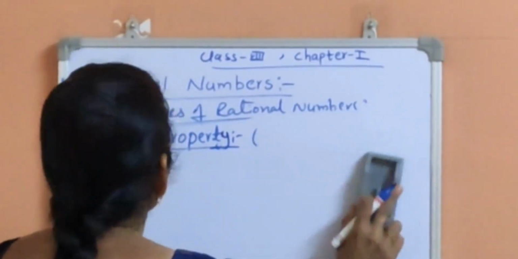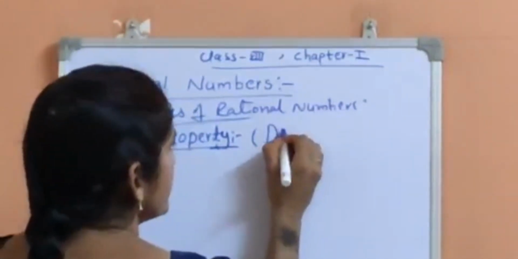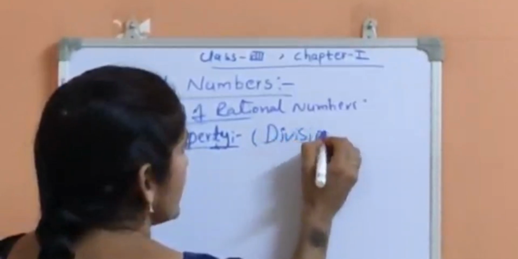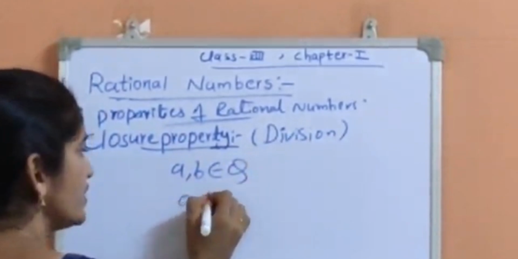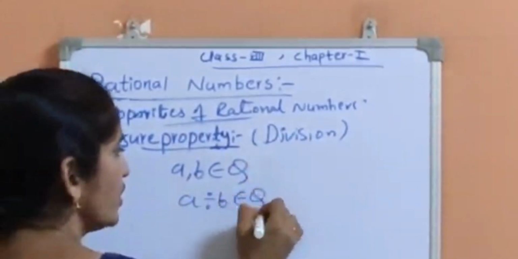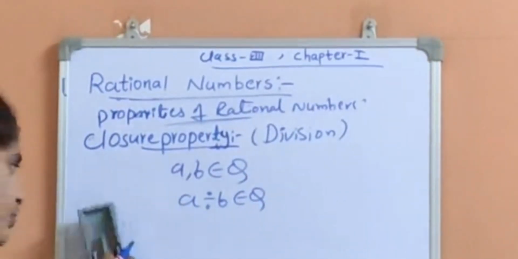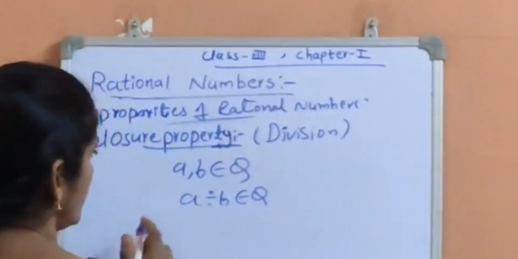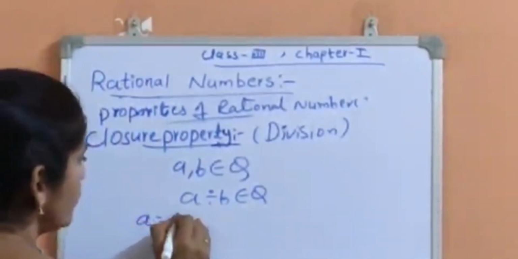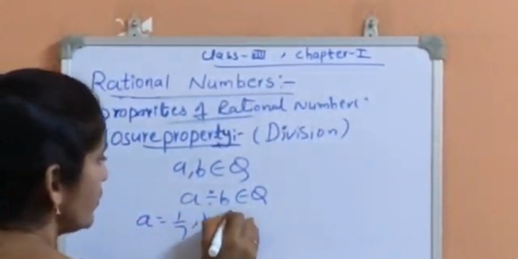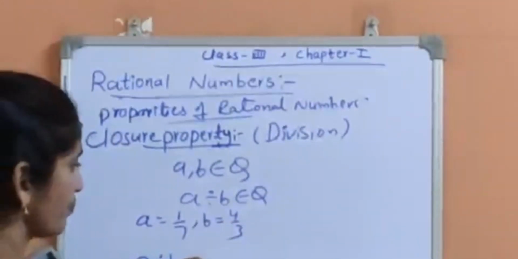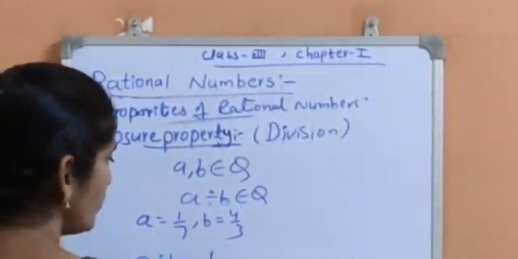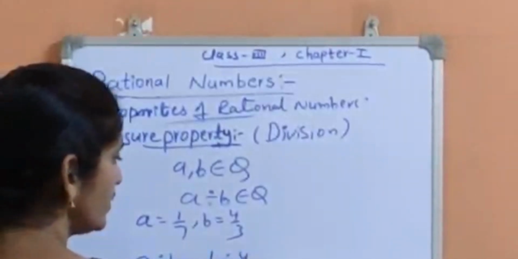Next we are going to do closure property under division. If a, b belong to Q, does a divided by b also belong to Q or not, we are going to check. Take a equal to 1 by 7, b equal to 4 by 3. a divided by b is 1 by 7 divided by 4 by 3.